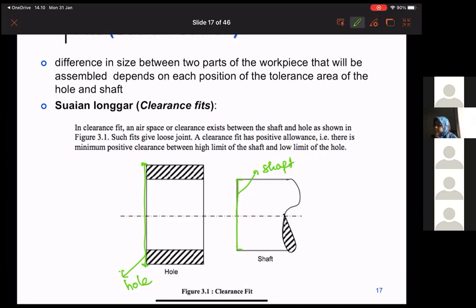I don't know. Give me one second, I need to close the door. Sometimes it can happen, the clearance fit.